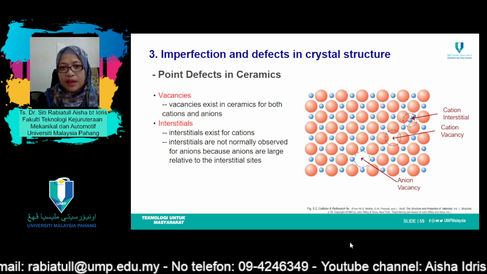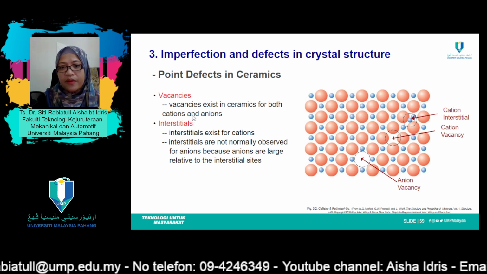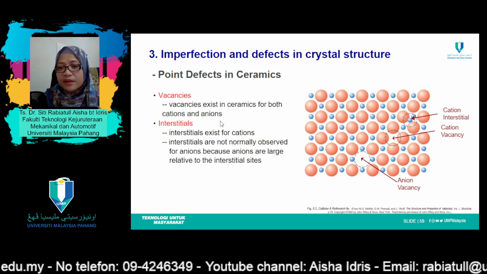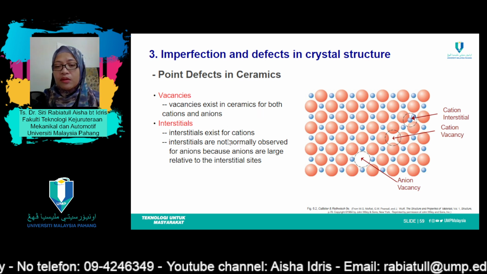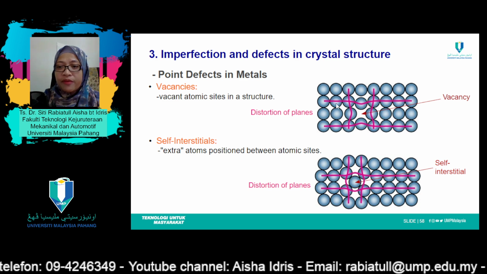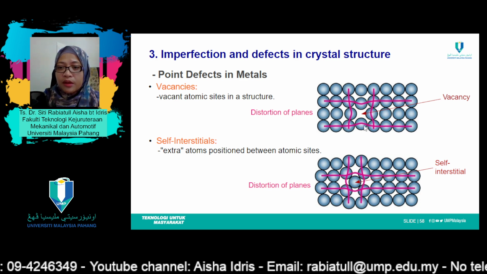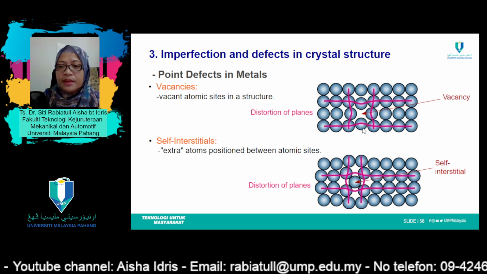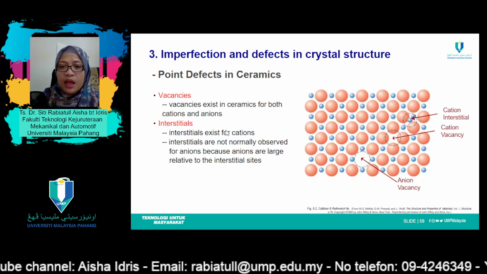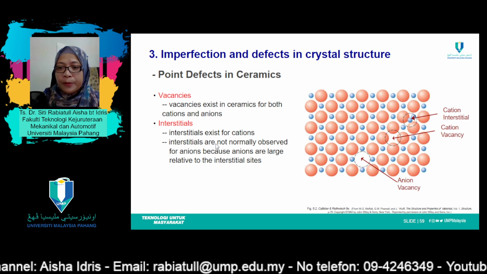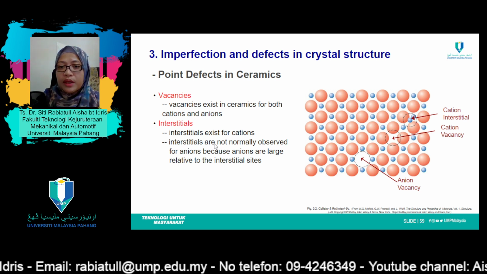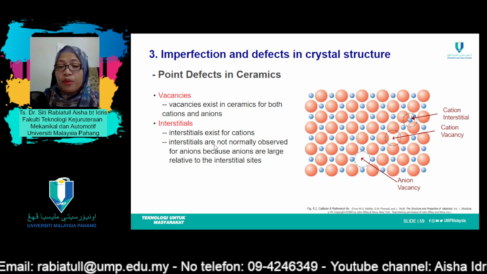After that, in ceramic, vacancies exist for both cations and anions. Just now was the point defects in metals, because you can see the atomic sizes are the same. For ceramic, it consists of anions and cations, so vacancies can exist in either of them.